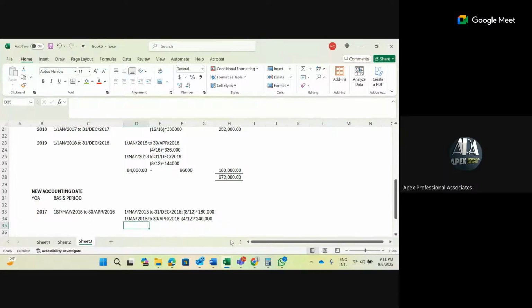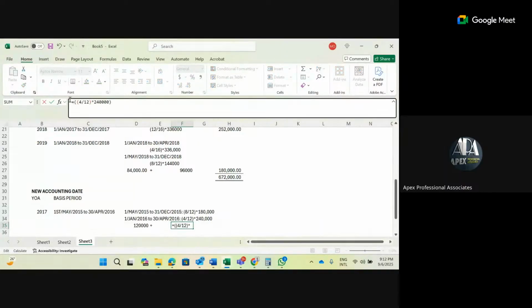What is the figure? 8 divided by 12 times 180,000 naira plus 4 divided by 12 times 240,000 naira.